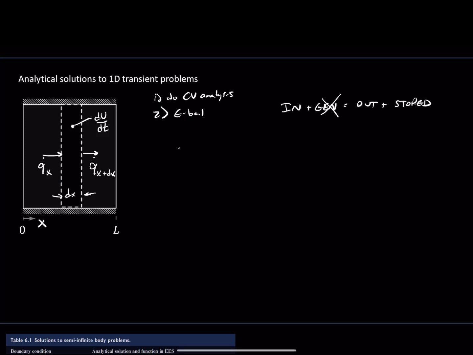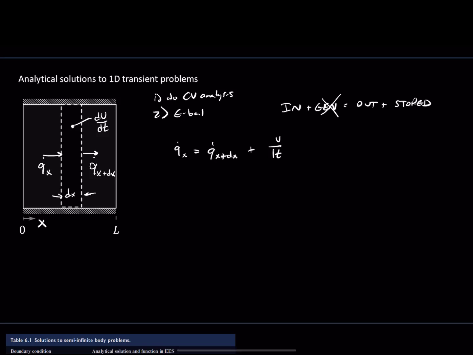Let's collect the terms then. Q dot x is in, out is Q dot x plus dx, and stored is du dt. Let me be a little careful here, I've gotten a little sloppy already. This equation involves a change in temperature and a change in time, so I've written it as du dt.